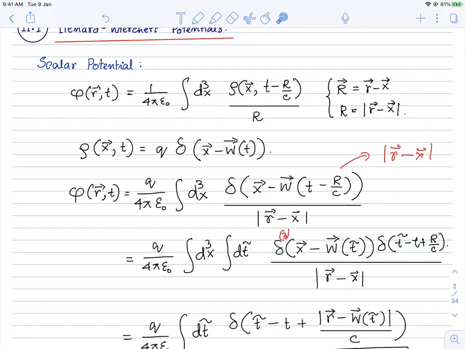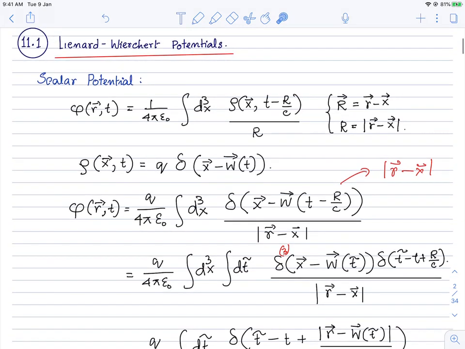If t is the time at which we are trying to find the potential, then the charge density has to be considered at the retarded time, as we know, because these are the retarded potentials. So this is t minus r by c.